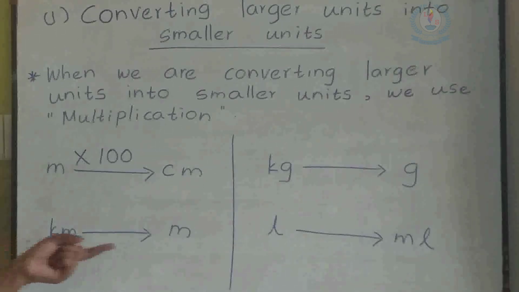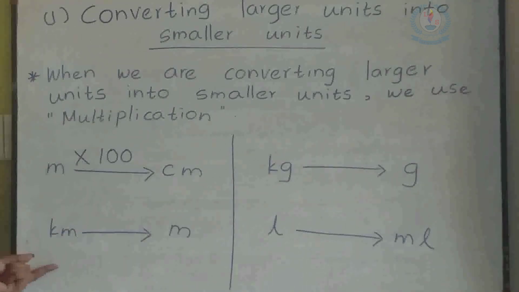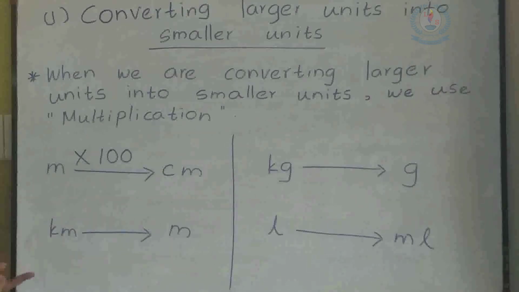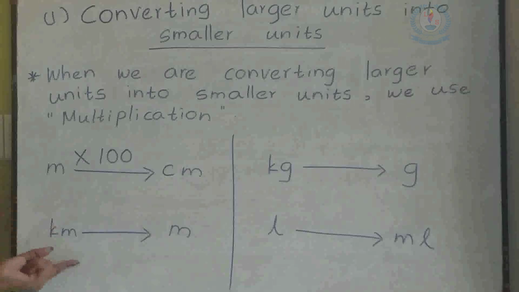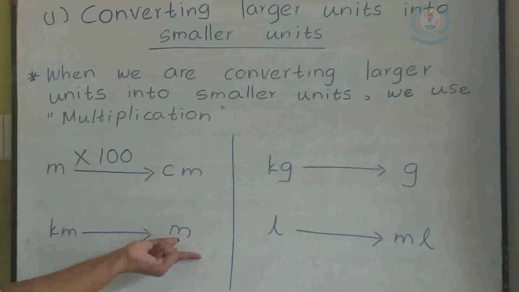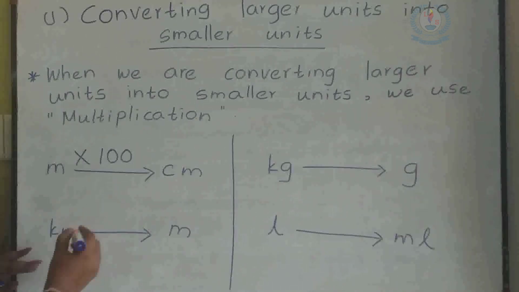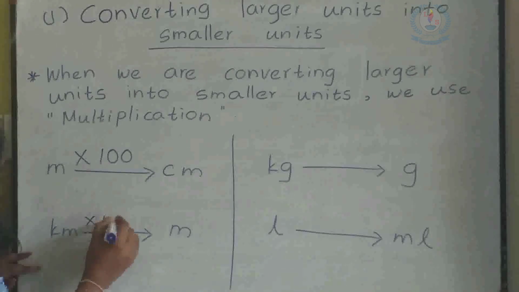Next one, kilometers and meters. We already know that kilometers is larger than meters. Then to convert a kilometer value into a meter value, we need to multiply that value by 1000.